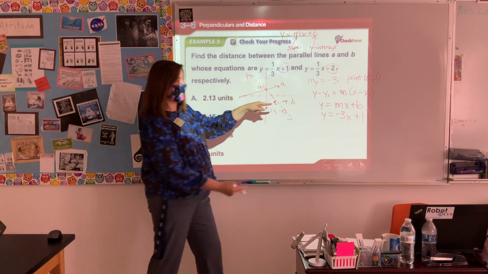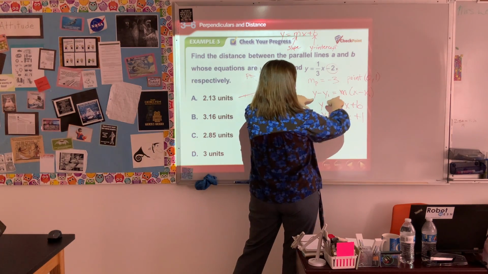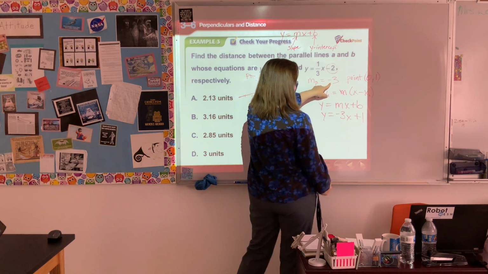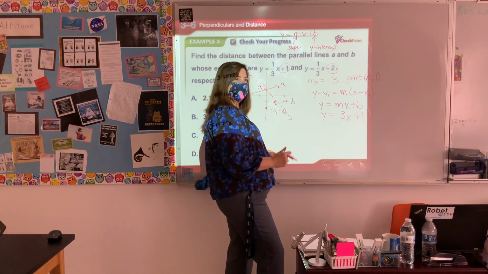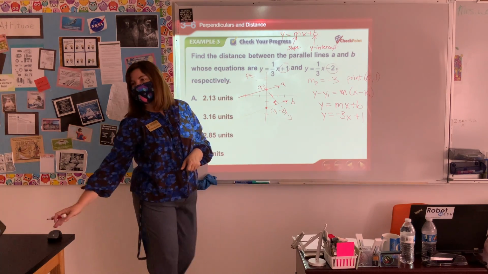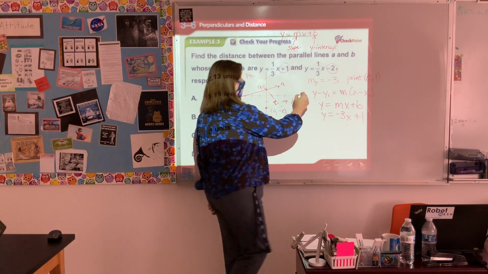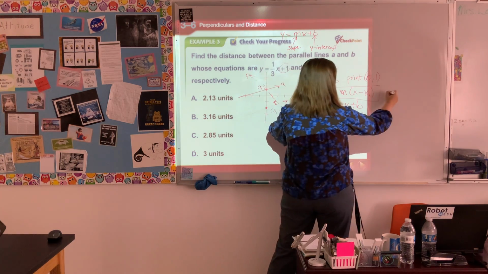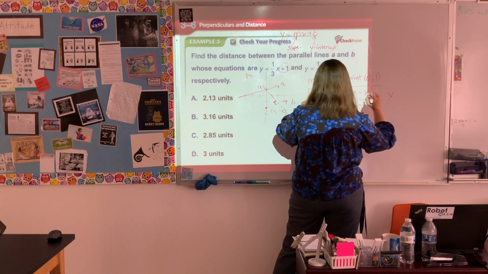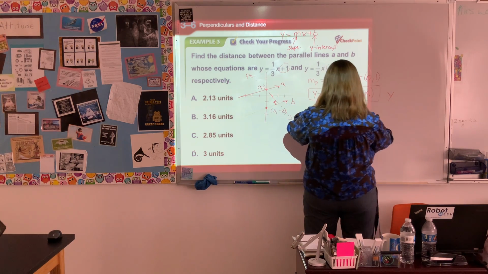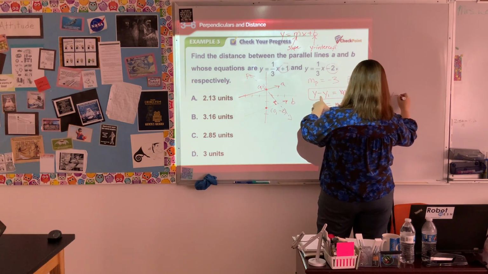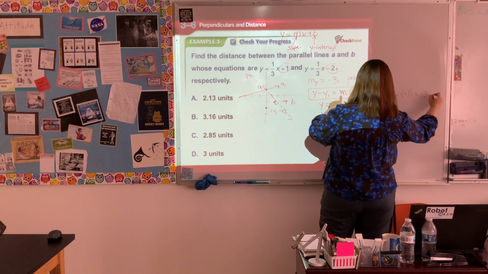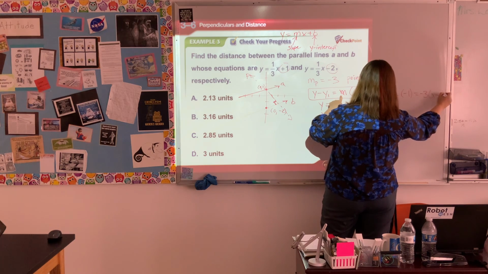Okay, the reason I was going with this format was because I knew we had B's and I was ignoring the intercept. But if I did it this way, it's still going to be the same thing. It's going to be y subtract -1 is equal to -3 times x subtract 0.